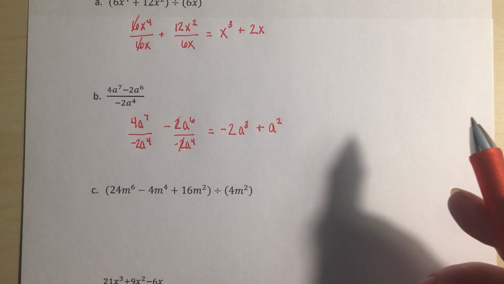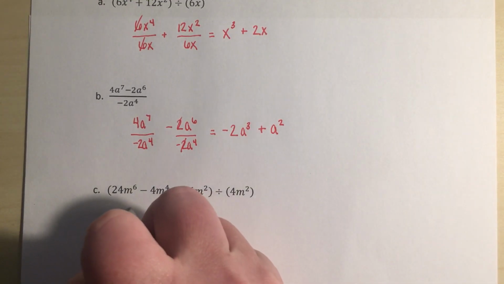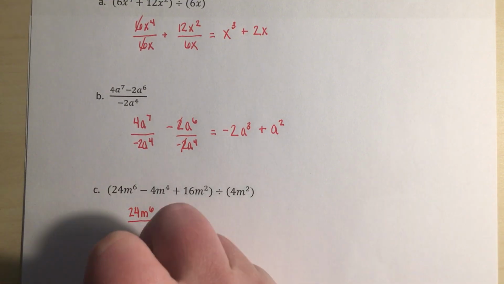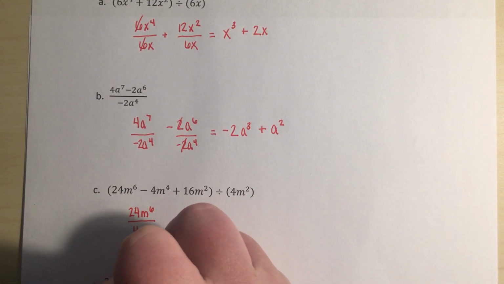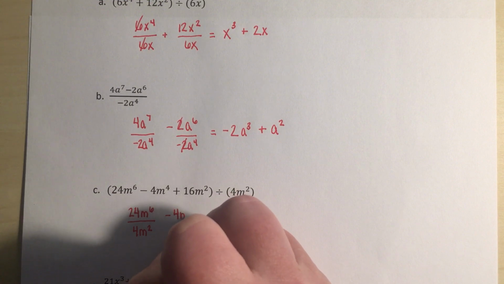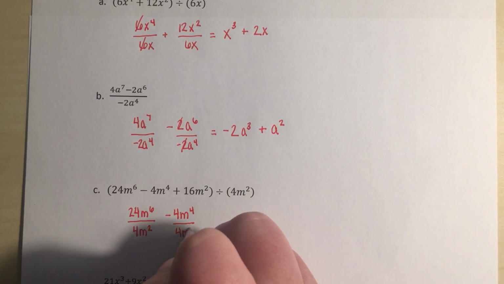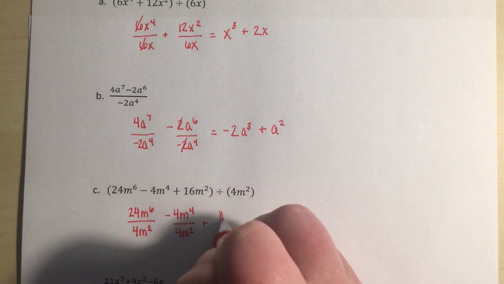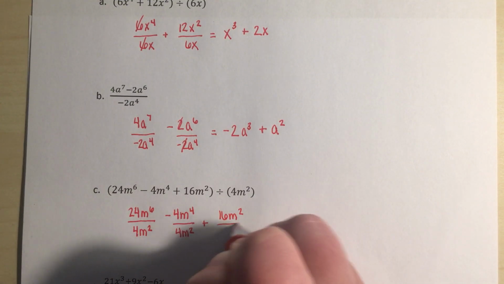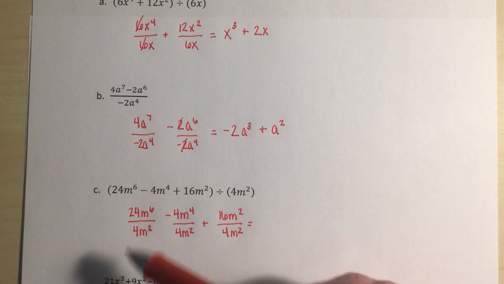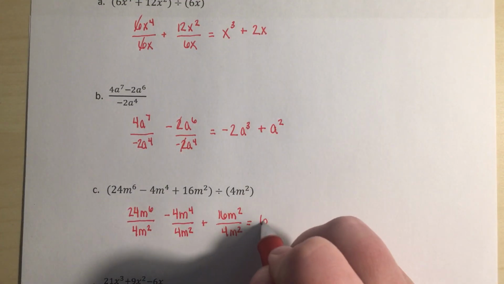So for C, we're going to do 24m to the 6th divided by our monomial, which is 4m squared, minus 4m to the 4th divided by 4m squared, plus 16m squared divided by 4m squared. 24 divided by 4 is 6.